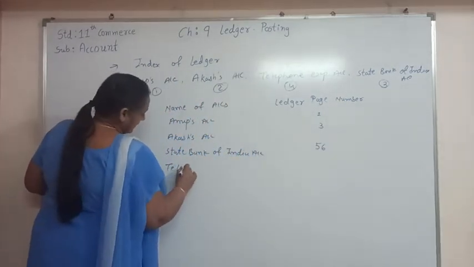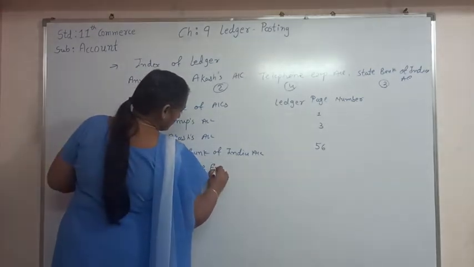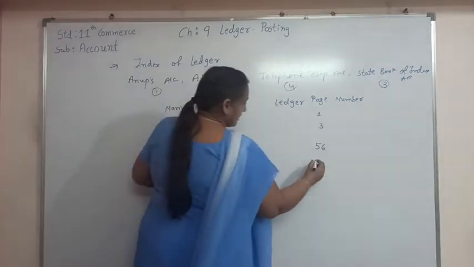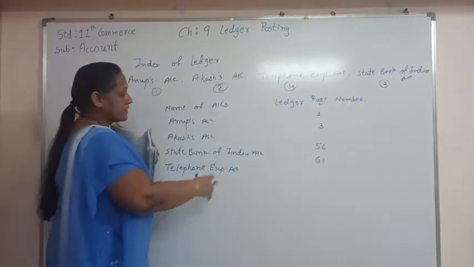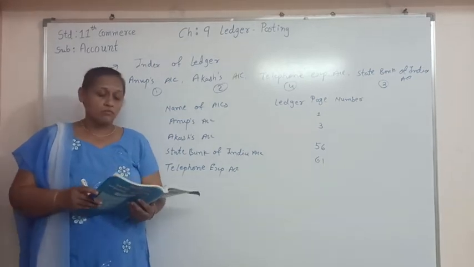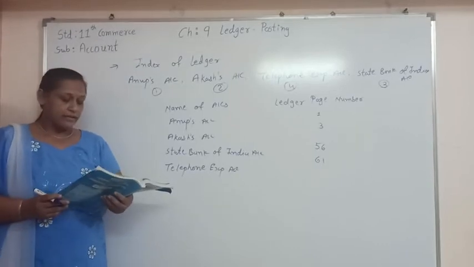And if the telephone bill expense account is on page number 61, then we have to write page number 61 in front of his account. So this is how we are supposed to prepare the index of ledger.